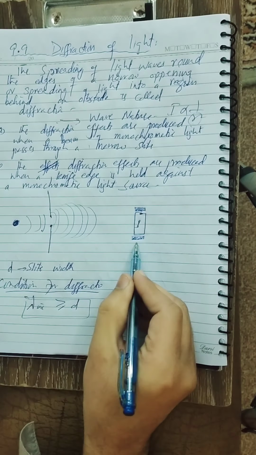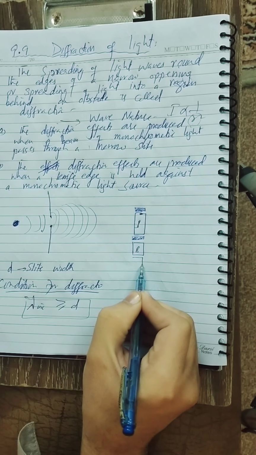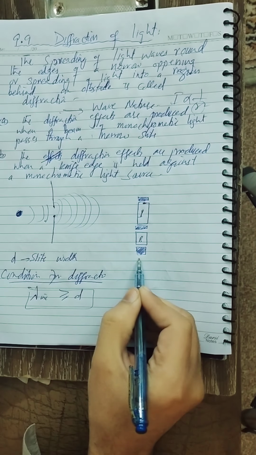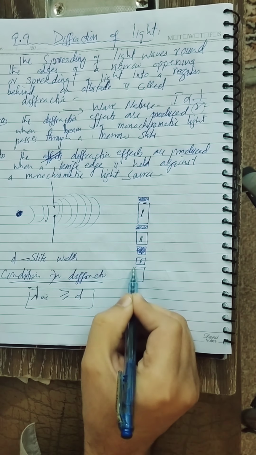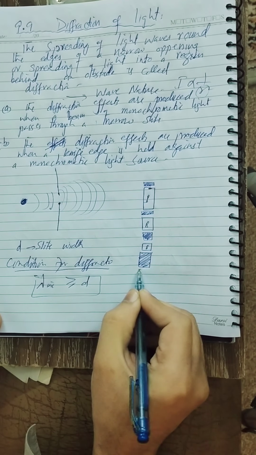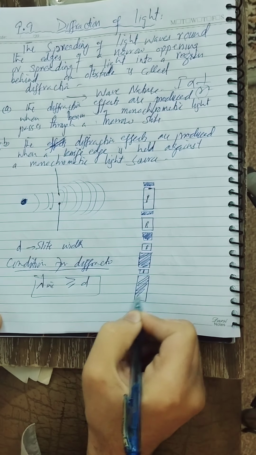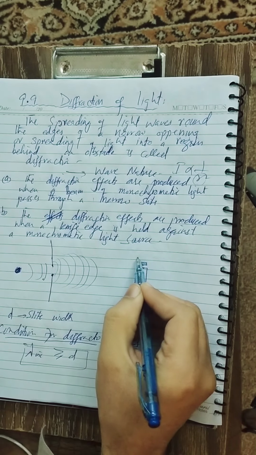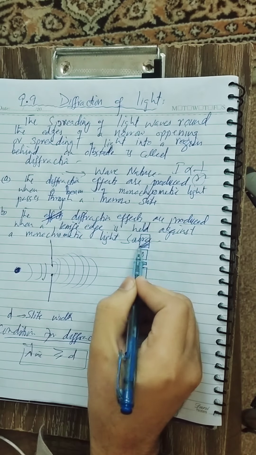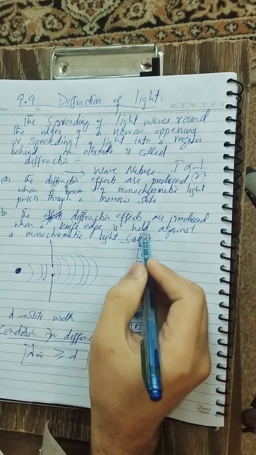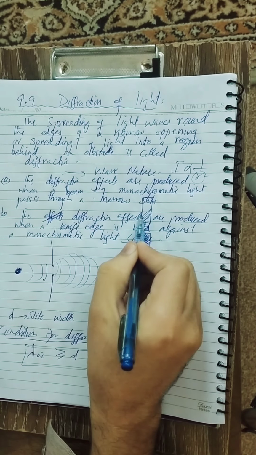This is a dark spot, a bright spot and a dark spot, a bright spot and a dark spot, and so on.